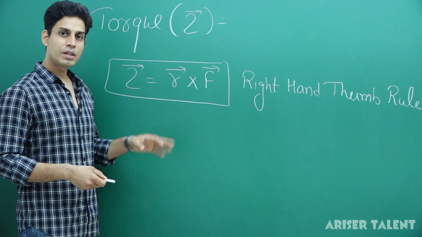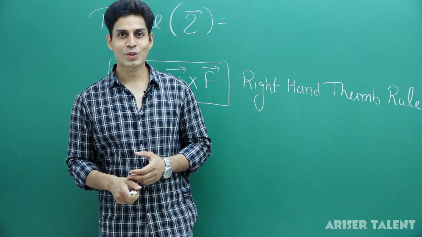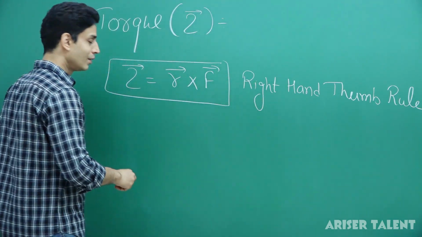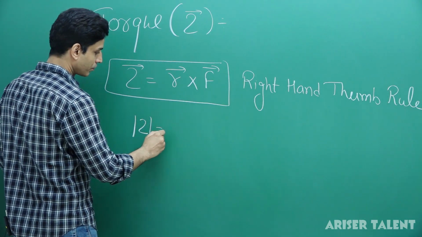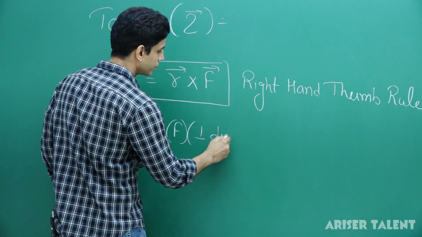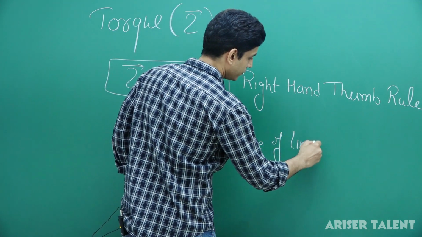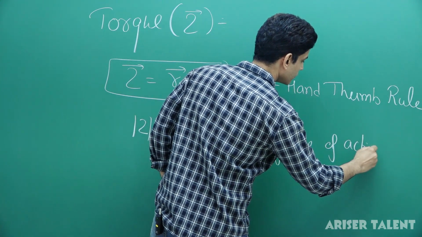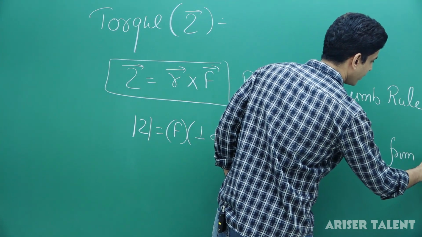Now, as I said, this expression is not going to help you in solving the numericals. Then which expression will actually help you in solving the numericals? I am writing that expression. It's very important. The magnitude of the torque is force into the perpendicular distance of the line of action from the axis of rotation.